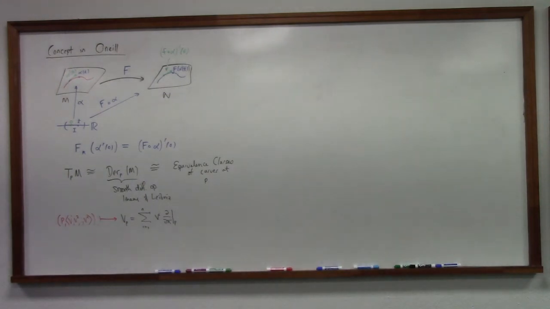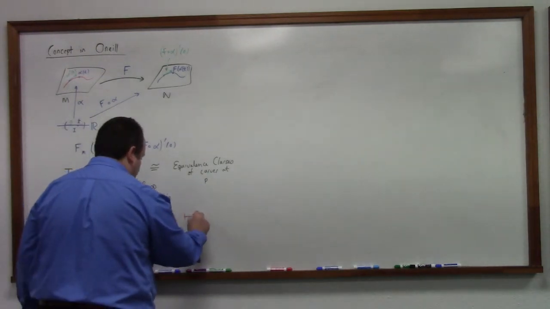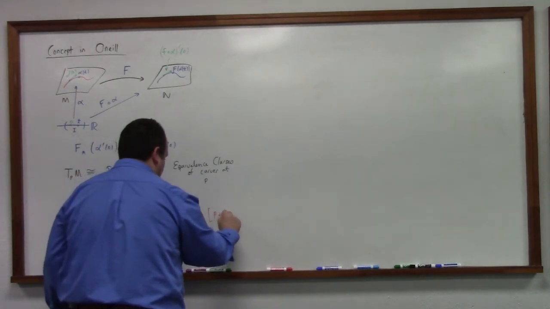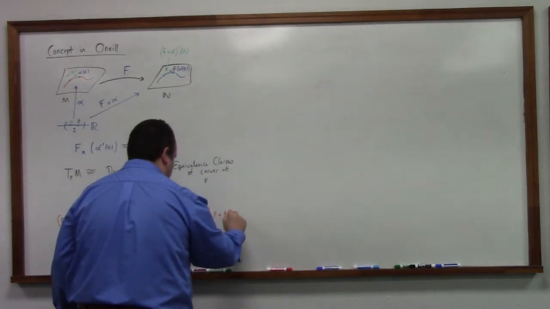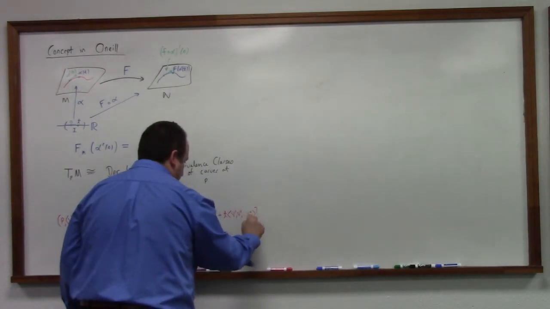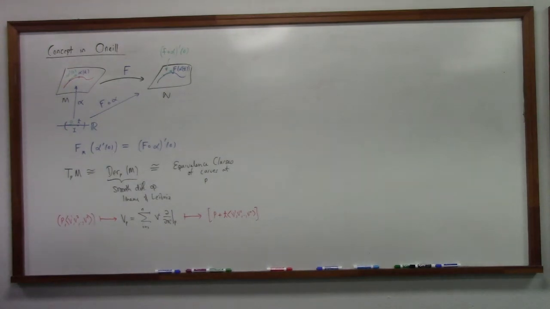What's the equivalence class of curves that corresponds to that vector? Well, in Rn, I could just write it as the equivalence class of P plus t times V1, V2, Vn.